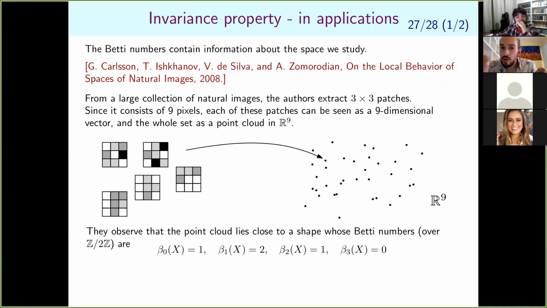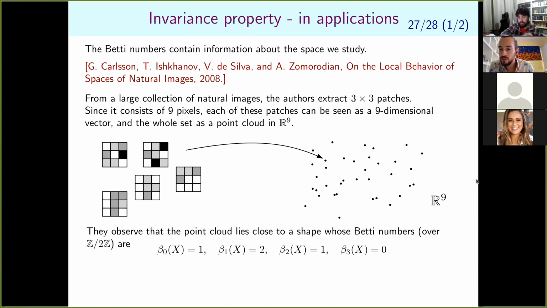We take a lot of natural images and they extract small patches, small sub-images, of size 3 by 3. Images are in gray, so one patch can be converted into a 9-dimensional vector. So if we take a lot of patches, we obtain a lot of points in R^9.